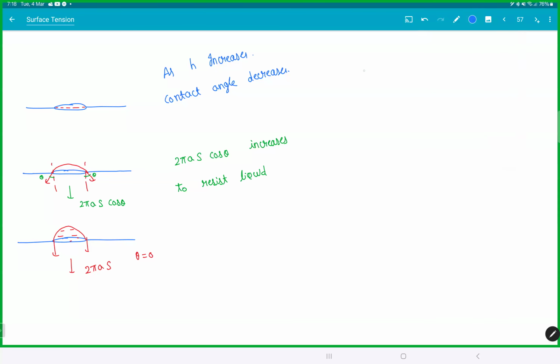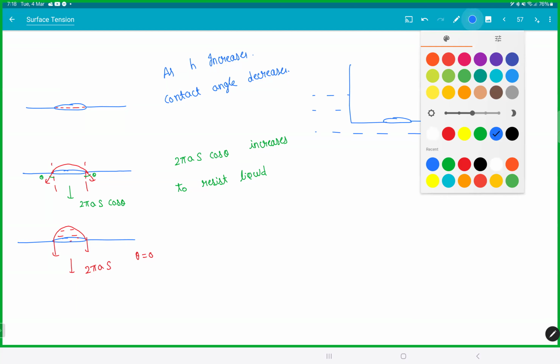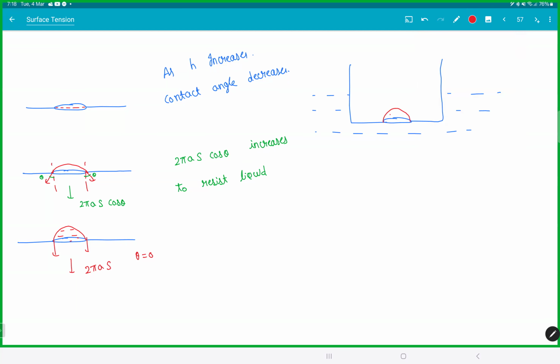If you look at the picture, this forms a hemisphere here. If this pressure is P naught, here the pressure is P naught plus 2s by a, since it's a liquid drop.